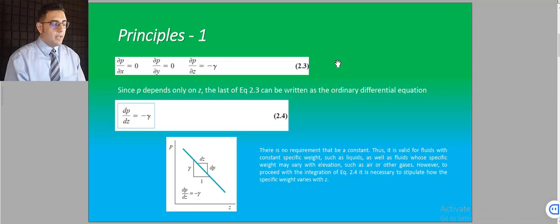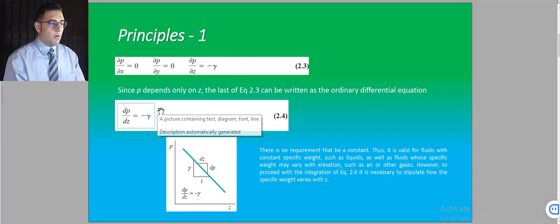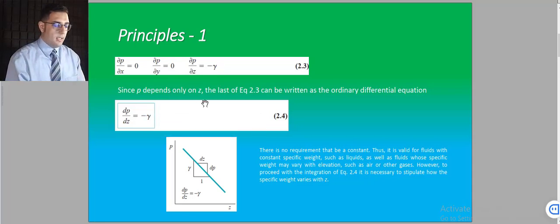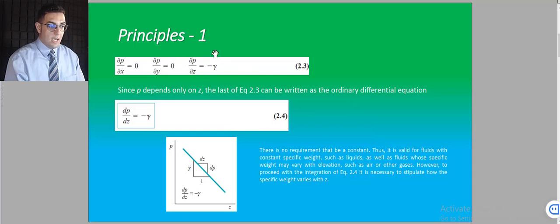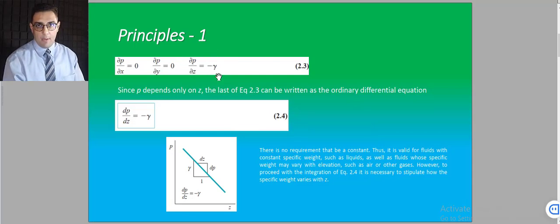So the only term we are going to consider for the pressure gradient is in the z direction, because the two others are 0. Since we are only depending on the density, we are going to have this equation here, which is delta P over delta Z equal to minus gamma.